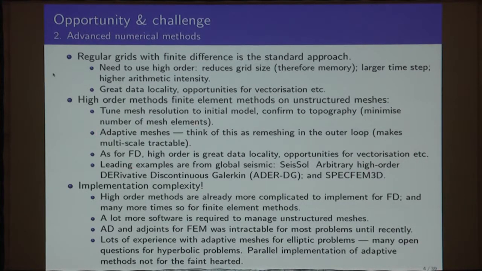Now, there's also scope for doing this on an unstructured mesh. I know that lots of people in the community, and I've read various theses from people doing FWI, did look at finite element methods. It's important to remember that very often people are only looking at low-order finite element methods.